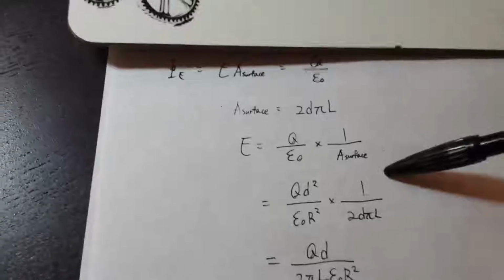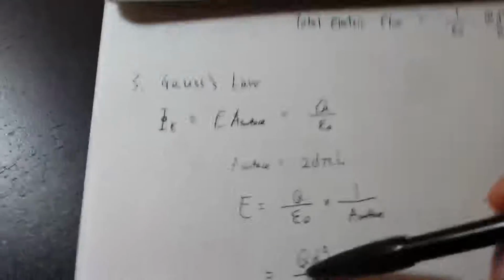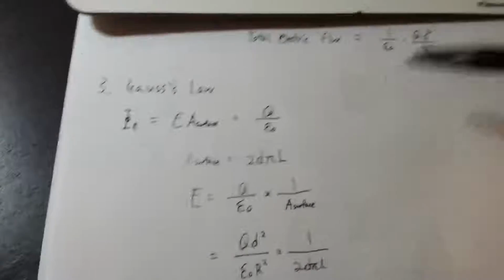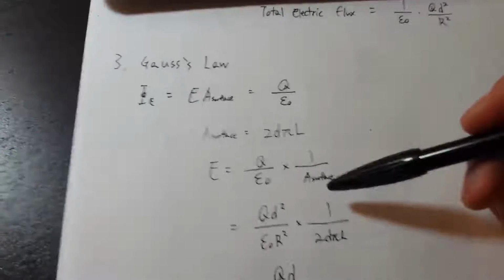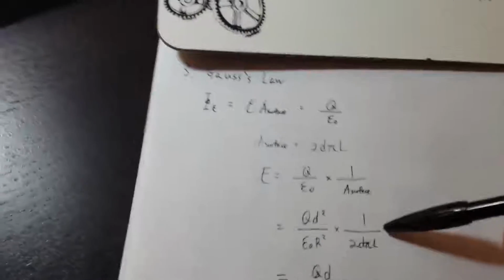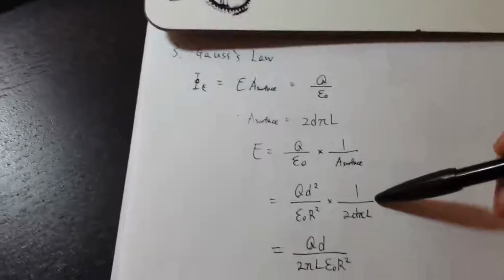So there is the equation. That's the total electric flux of the Gaussian surface that we got from the previous part of the problem, and we are just dividing it by the area of the surface.